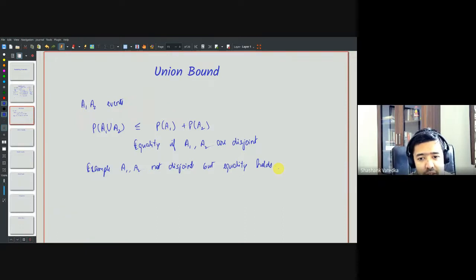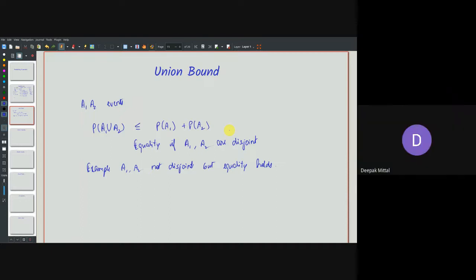Do you know of any expression, not an inequality but an equality, for the probability of A1 union A2 in terms of the probability of A1, the probability of A2, and something else? If we subtract the probability of A1 intersection A2, okay, very good.